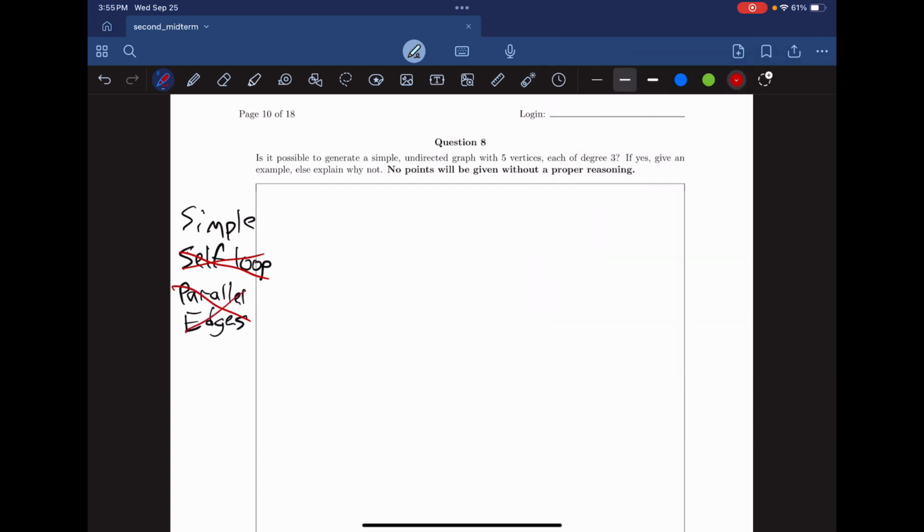It cannot have either of those things, and as long as it doesn't have either of those things, it is a simple graph. Remind yourself that a self-loop is a vertex that has an edge that goes back on itself, and a parallel edge is when there is not one edge, but two edges going between a pair of vertices.